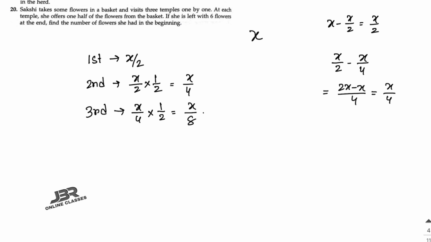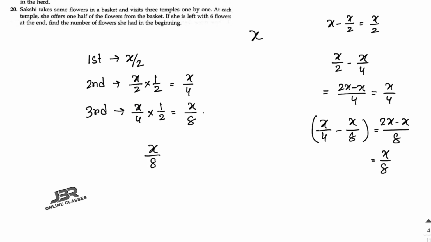Clear? Now again the remaining number is x by 4 minus x by 8. Taking 8, 2x minus x, that means x by 8. According to the problem, x by 8 equals 6. So that means x equals 48 as your final answer.